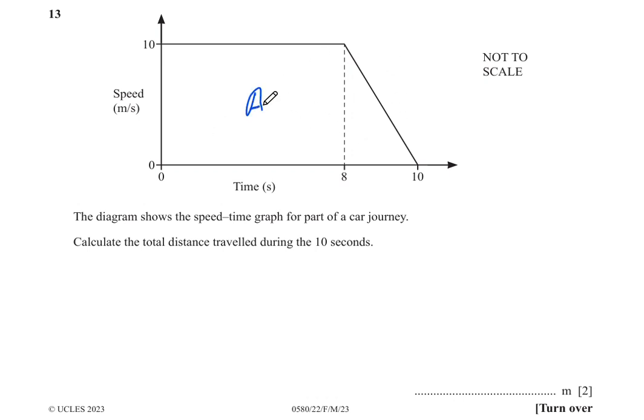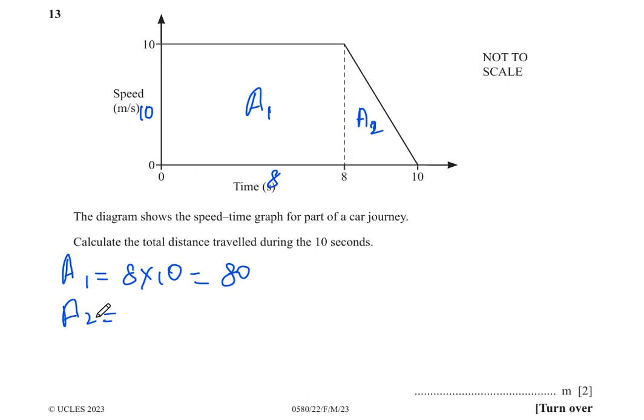Here we can find two areas: this is A1 and this is A2. For the area of the first one, the distance is 8 and the length is 10. Area 1 is L into B, it is a rectangle, so 8 into 10, which is equal to 80.